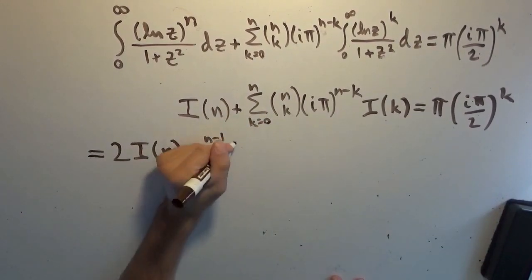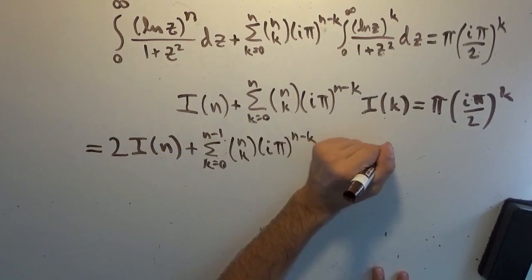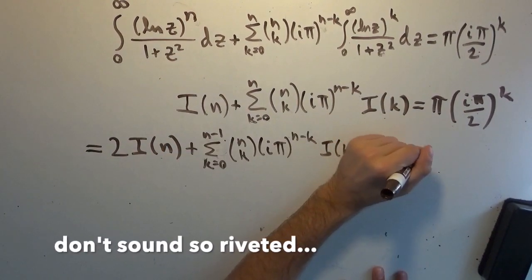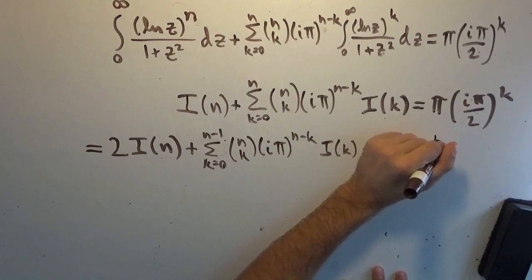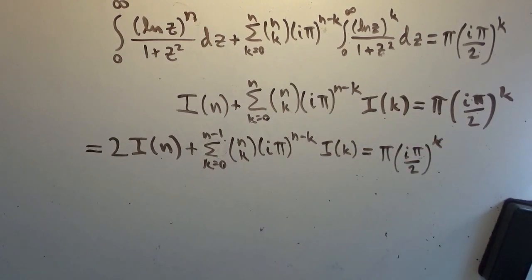So this is now looking like this, equals pi times I pi over 2 to the k. Now, as you can see on the right side, we have pi to the k times pi, which means we have pi to the k plus 1 over here, but we only have 2 to the k, not 2 to the k plus 1.